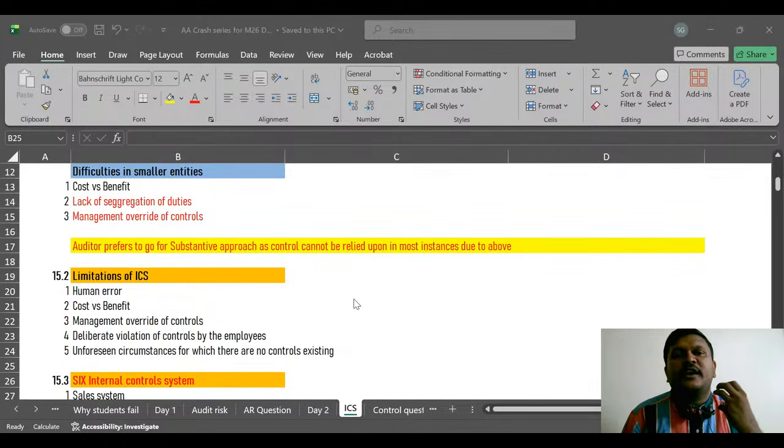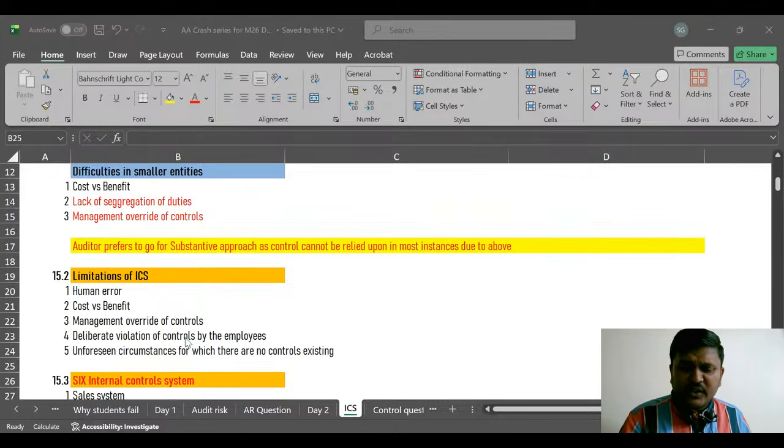If you know that this might go wrong, I can create a control to prevent, or even detect, it. But if you are not sure about what is going to come, like a one-off event or unplanned events, existing controls will not be enough to prevent or detect that. So these are the 5 limitations of internal control systems, which can be considered a straightforward bookish knowledge question in this area.